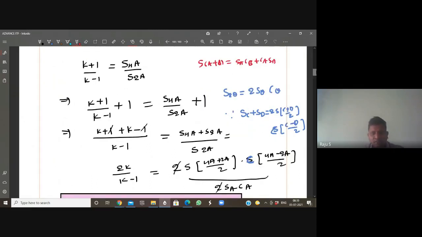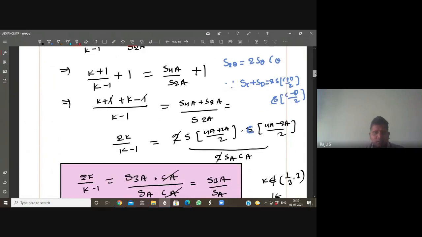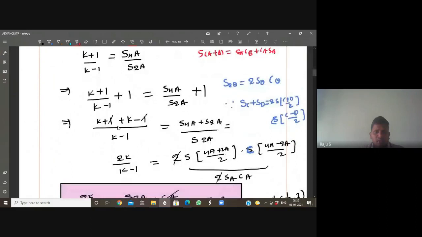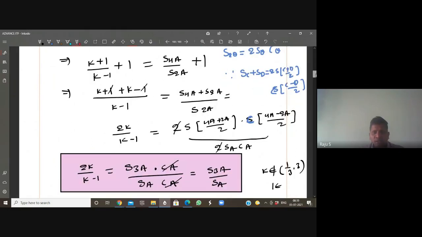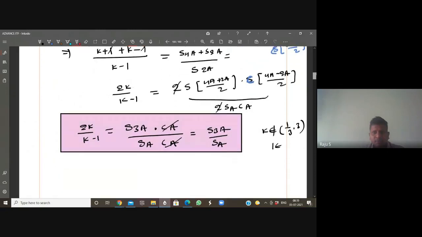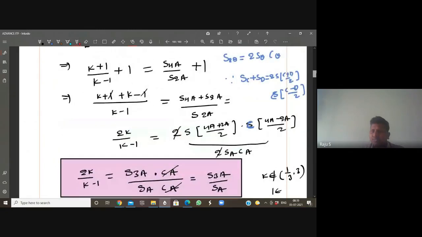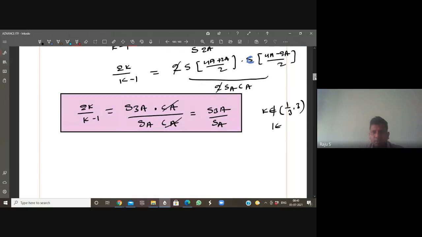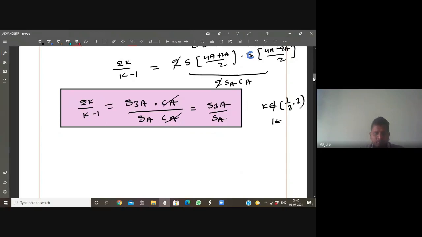Then we require 2k in the numerator, so I added 1: minus 1 plus 1 get cancelled, and we get numerator 2k. On the right side we get the sin C plus sin D formula, with the denominator in the form of the sin 2 theta formula. I applied both formulas. So finally we got sin 3a by sin a as 2k by k minus 1.